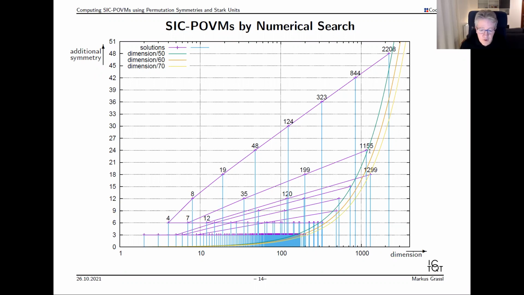Turned the other way around, if you divide the dimension by the order of the symmetry, on the left-hand side of this green curve you have a ratio of 50. With the orange one, you get 60. With the yellow one, you get 70. And that appears to be roughly the bound which we are hitting when doing just our naive gradient descent, where we are just picking random initial points and doing gradient minimization.